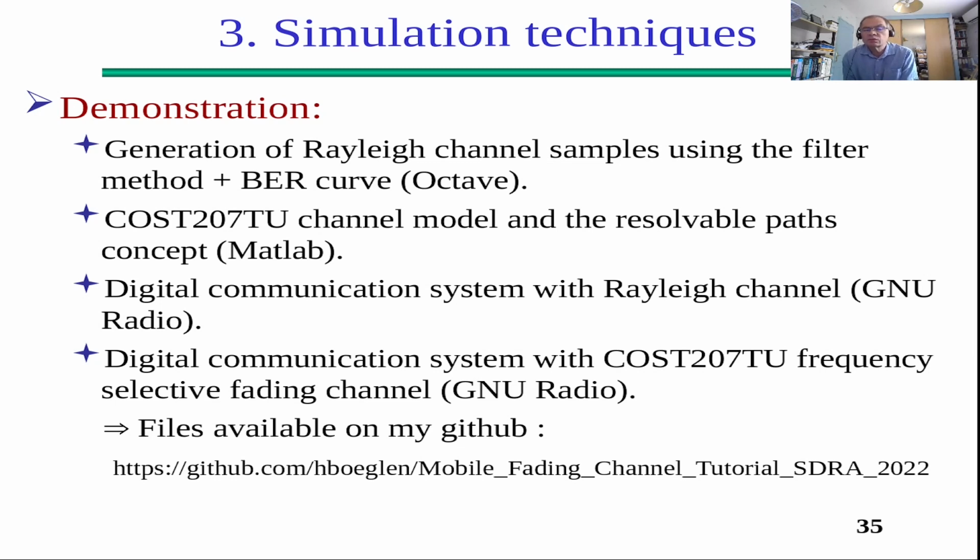Then I switch to MATLAB and the communication toolbox to show you the concept of resolvable paths for a frequency selective normalized channel model. And then I'll switch to GNU Radio with our QPSK digital communication system built around a Rayleigh channel, which is not frequency selective.